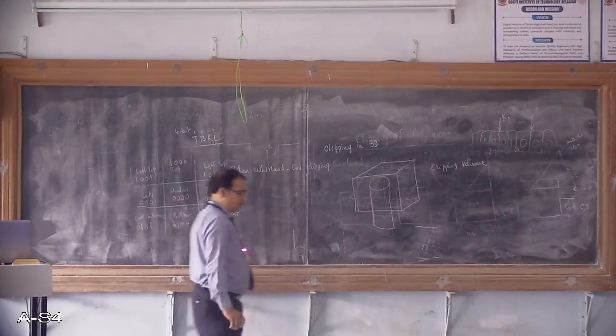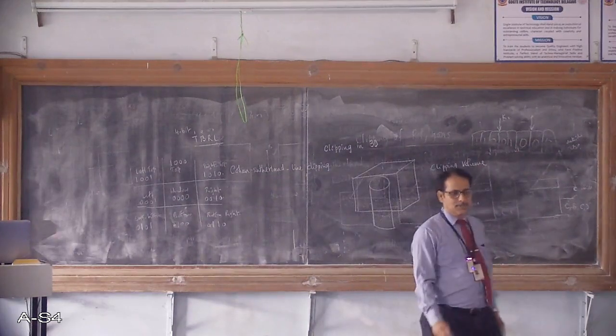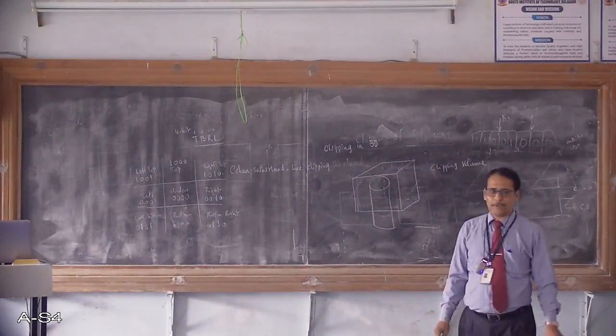So these are the outcodes which we have seen in the Cohen-Sutherland line clipping algorithm.